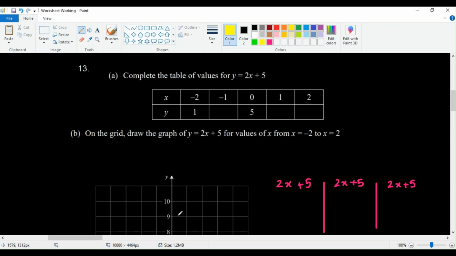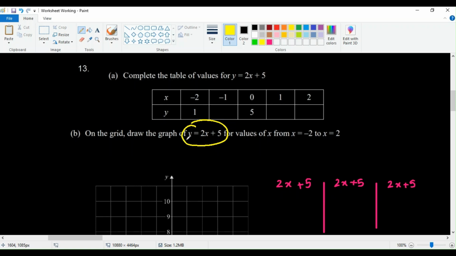When it comes to question number 13, if you see the equation, it is 2x plus 5. So here we are going to replace the values of x. What you see is the equation 2x plus 5.